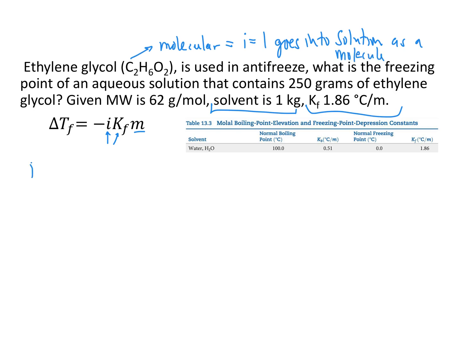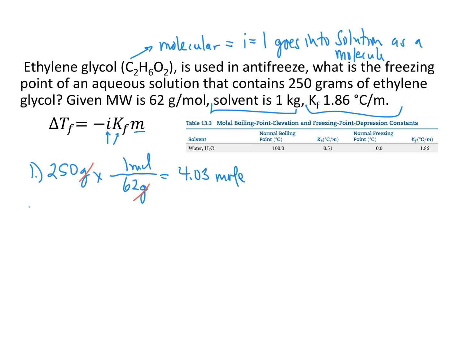So step 1, I need to find moles. Well, I have 250 grams of ethylene glycol, and I know ethylene glycol is 62 grams for every 1 mole of ethylene glycol that I have. Grams cancel out, and I get approximately 4.03 moles of ethylene glycol, and that is in 1 kilogram solvent.